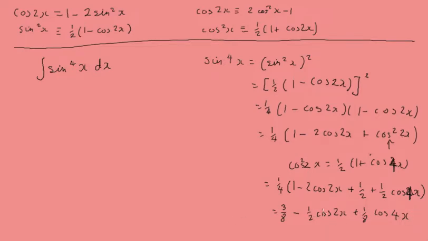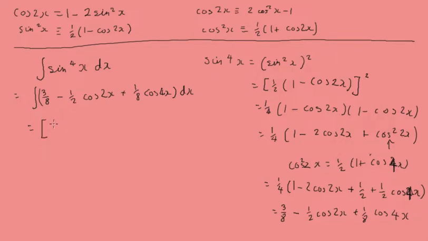And now we can take this here and substitute it back into the original thing. So all that working, and we've not even done any integration yet. So it's going to give us the integral of 3/8 minus a half cos 2x plus an 1/8 cos 4x dx. And now we can integrate this.